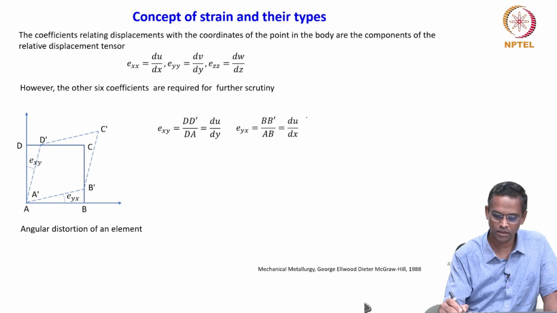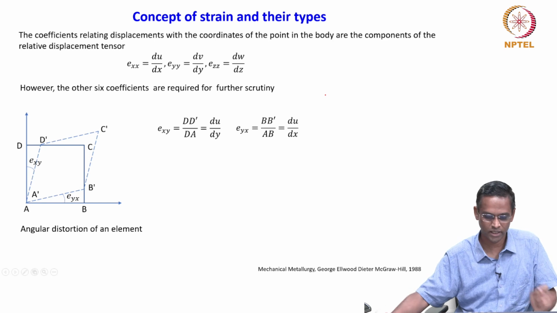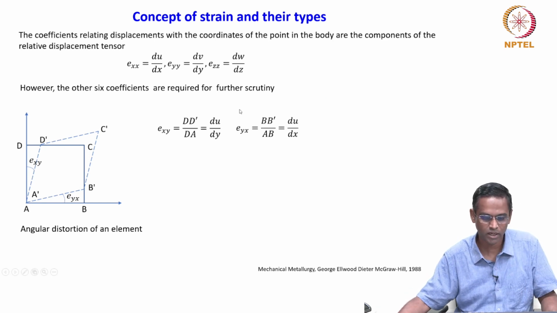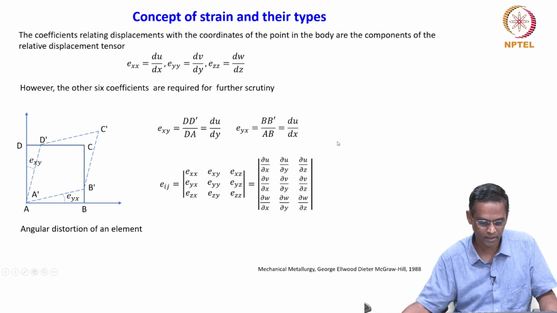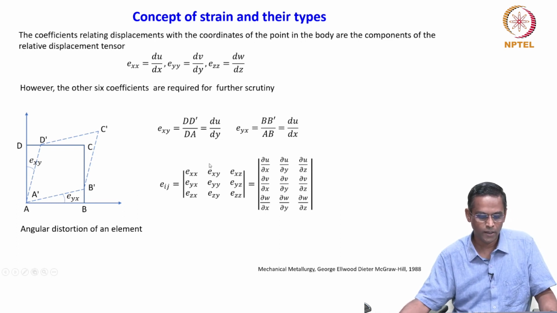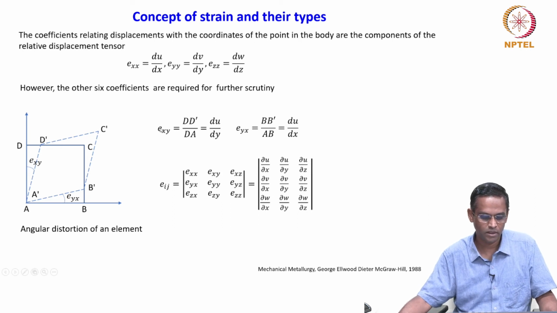No, it is correct only. I'm sorry, I'm confusing here. So, we will come to that later, because we are talking about the shear strain, not the normal strain here. Yeah. So, now it will be clear. So, we can put all these components into the form of a matrix for a 3-dimensional strain.